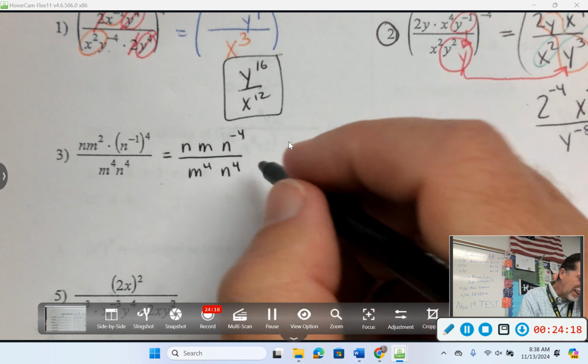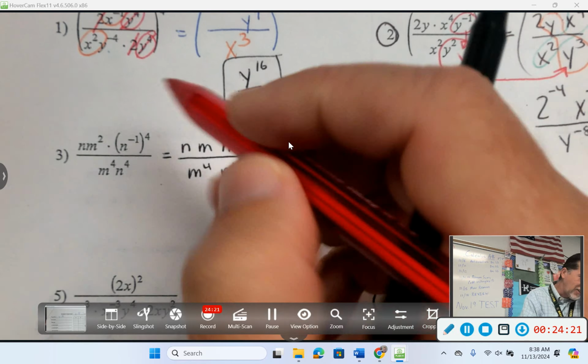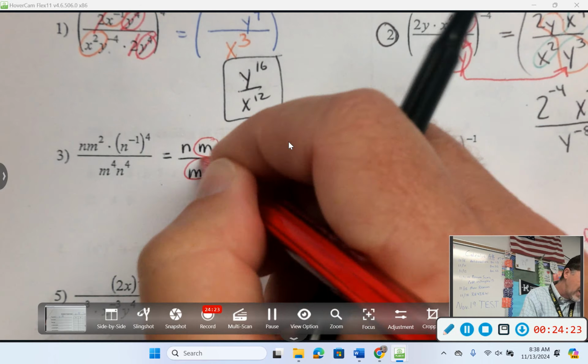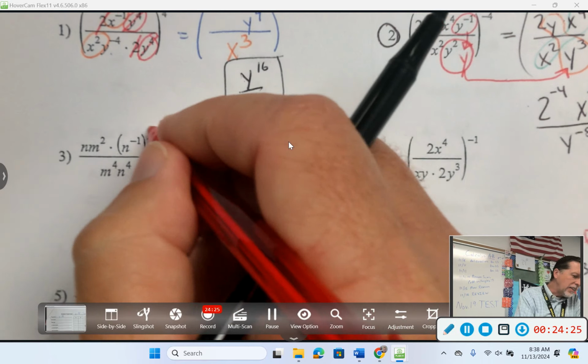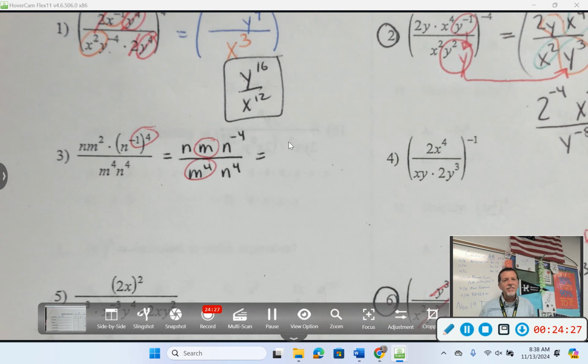Let's see, how many m's do I end up with? I did this first because I figured that's pretty easy to handle. Knock that out, and then the m's look easier to deal with. So how many m's do I have left? 2.